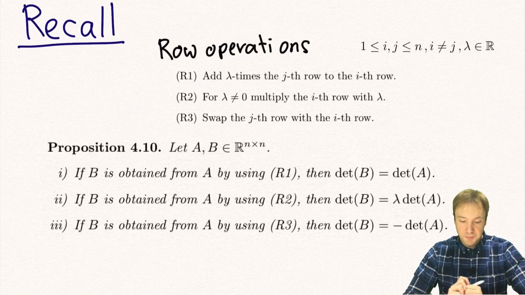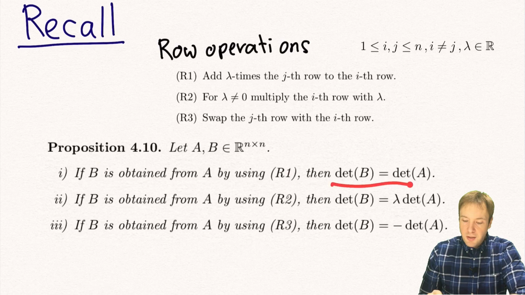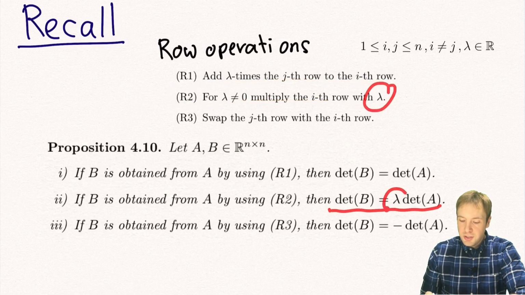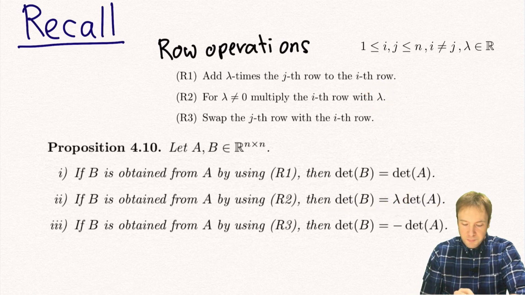And then we saw that if we apply row operation 1 to A and call this new matrix B, then we don't change the determinant. In the case of R2, multiplying a row with the number lambda, the determinant changes by also multiplying by this lambda.